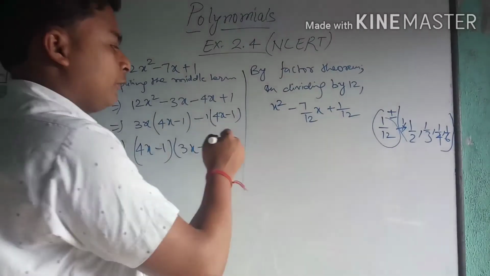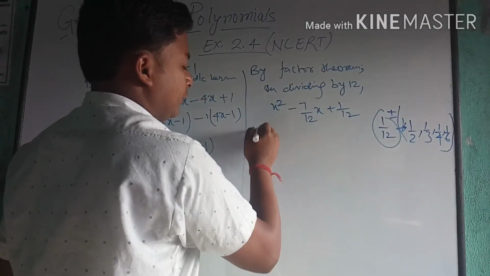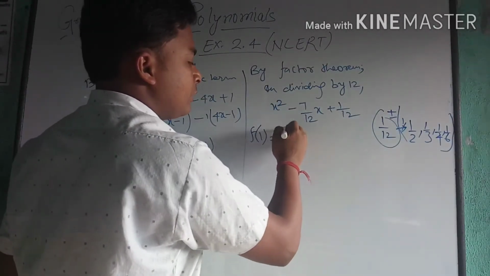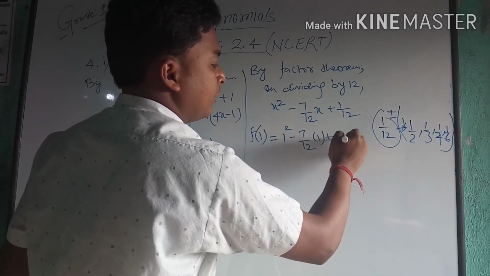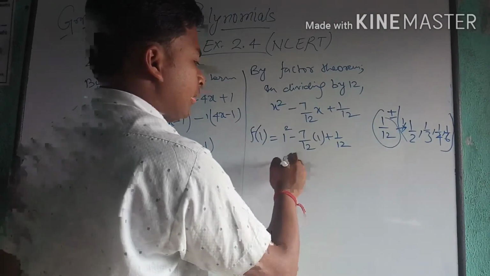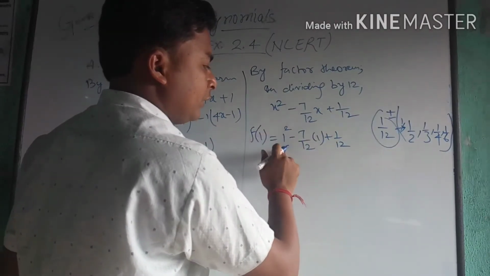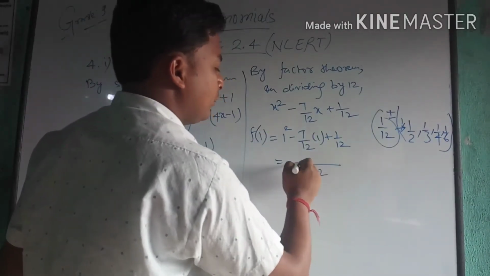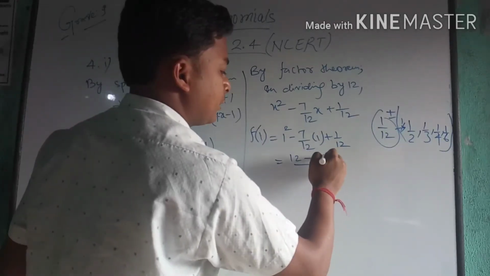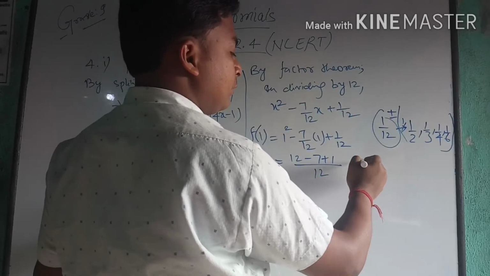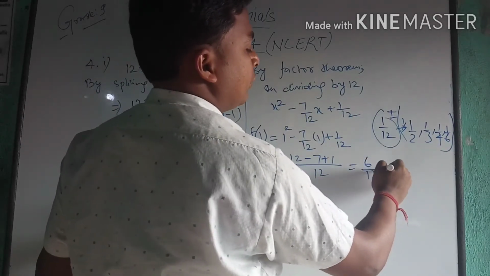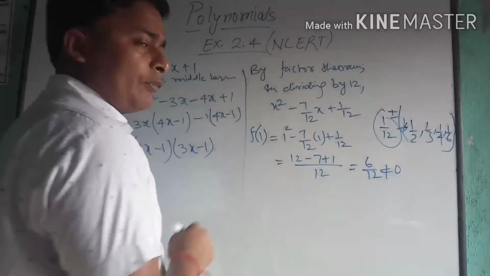So we have to check firstly with f(1). 1 square minus 7 by 12 into 1 plus 1 by 12. If we take the LCM 12, 12 minus 7 plus 1, 13 minus 7, this is equal to 6 upon 12, which is not equal to 0. So it is not a factor.